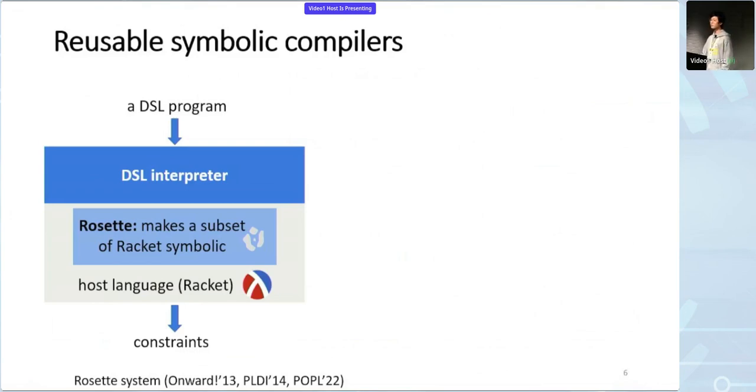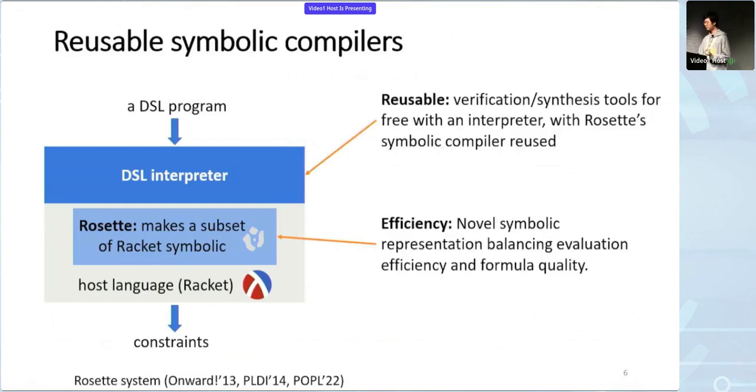Rosette is one of these systems to simplify the development of such symbolic DSLs. By providing a lifted core of Racket, Rosette allows the reuse of this efficient symbolic compiler with a simple and intuitive interface. A tool designer can get high-performance program reasoning tools by just implementing an interpreter for the DSL with Rosette.